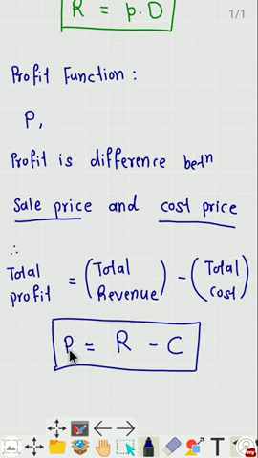Capital P is the profit and small p is the price of a manufactured item. So these are the functions which are mostly discussed in economics: cost function, revenue function and profit function.